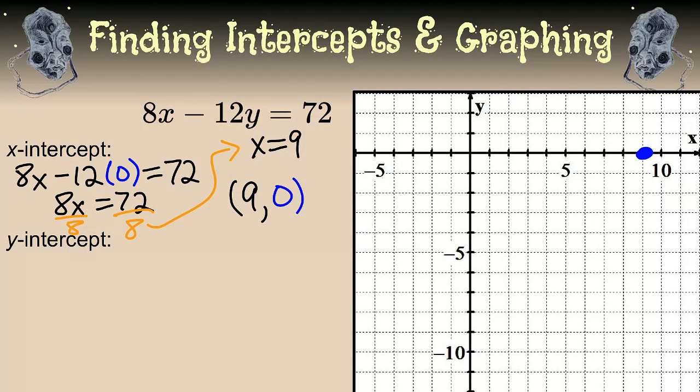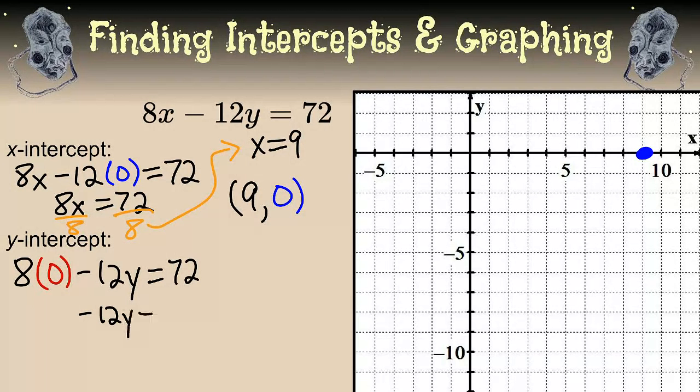To find my y-intercept, I plug 0 in for x and then solve for y. Again, this makes a 0, so I have negative 12y equals 72. And I divide by negative 12 here.